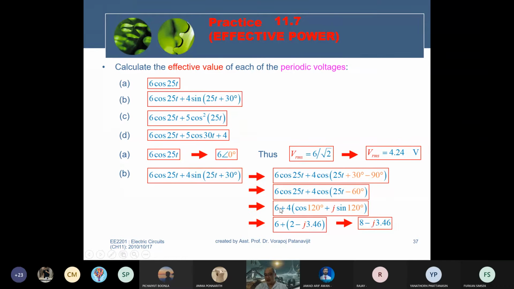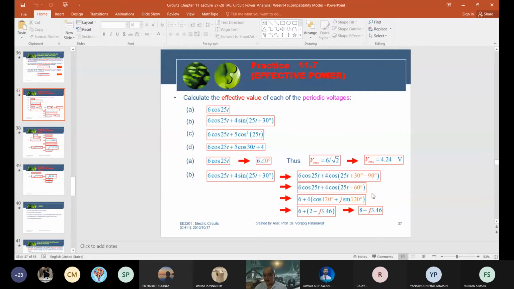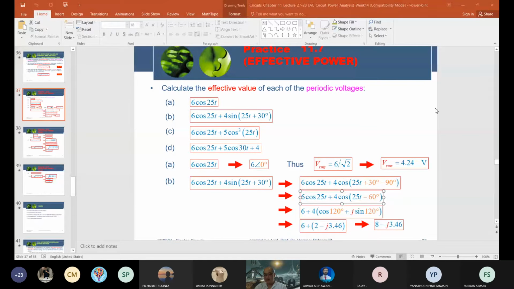This is 60 degree. Cos 120, sorry, this may be a little bit wrong.